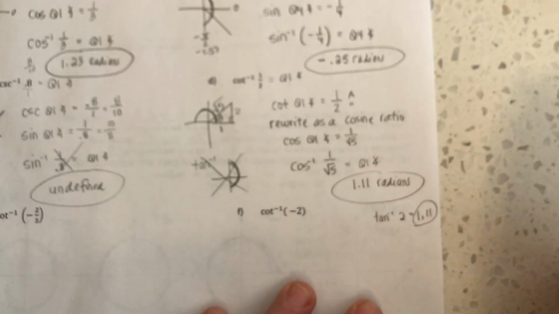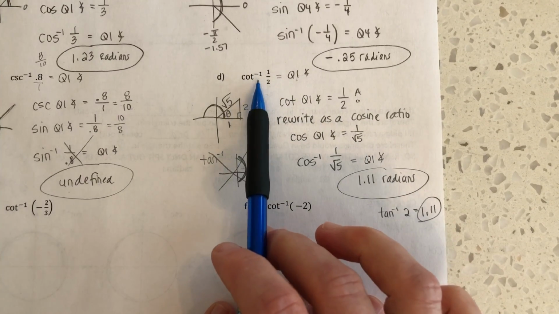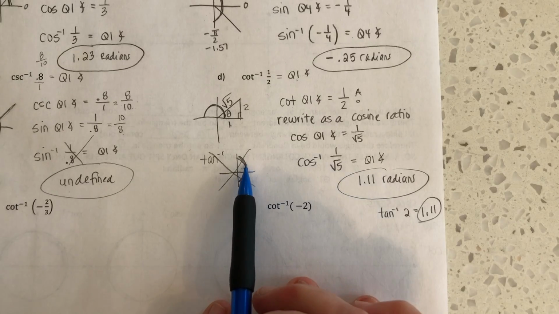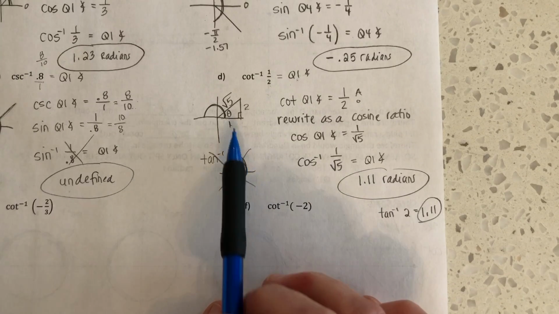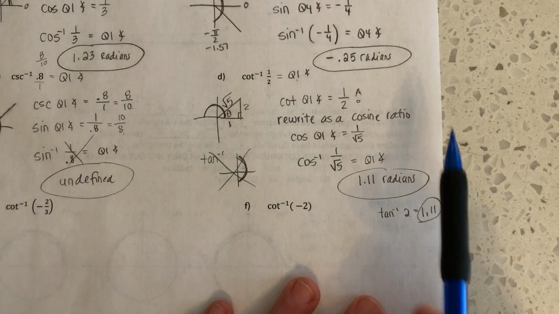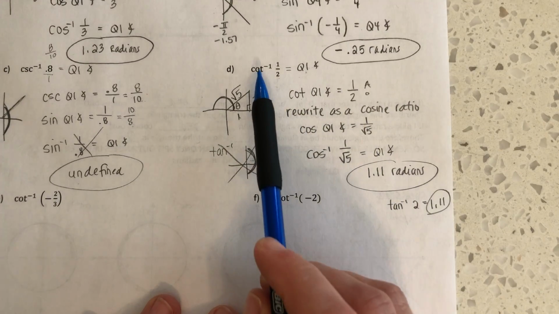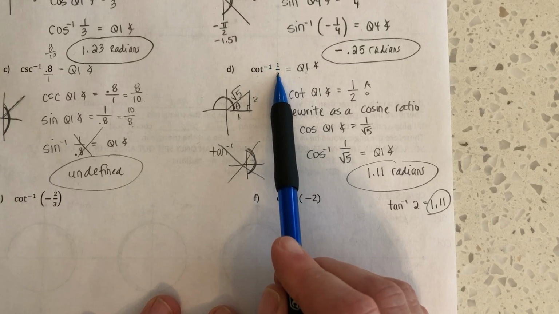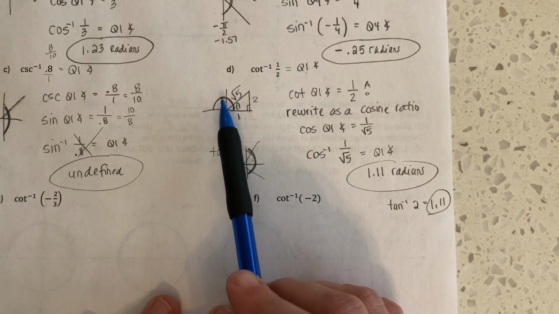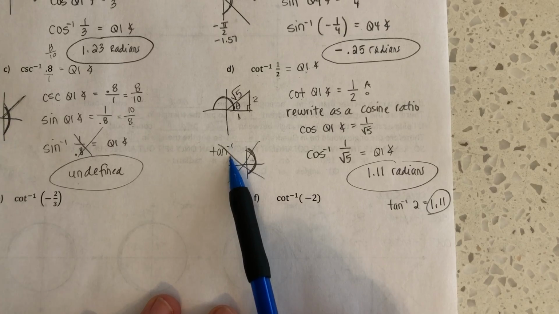It's 1.11 radians, right? It gets you the same answer that we said is the angle. So technically, because it was a quadrant 1 angle that this inverse cotangent was going to spit out, and the inverse tangent can also spit out quadrant 1 angles, then yes, you technically could have turned this into an inverse tangent. All right, but I don't want you to get into that habit because if you were taking the inverse cotangent of a negative ratio, we know the answer would have been a quadrant 2 angle, and the inverse tangent can't spit out quadrant 2 angles.